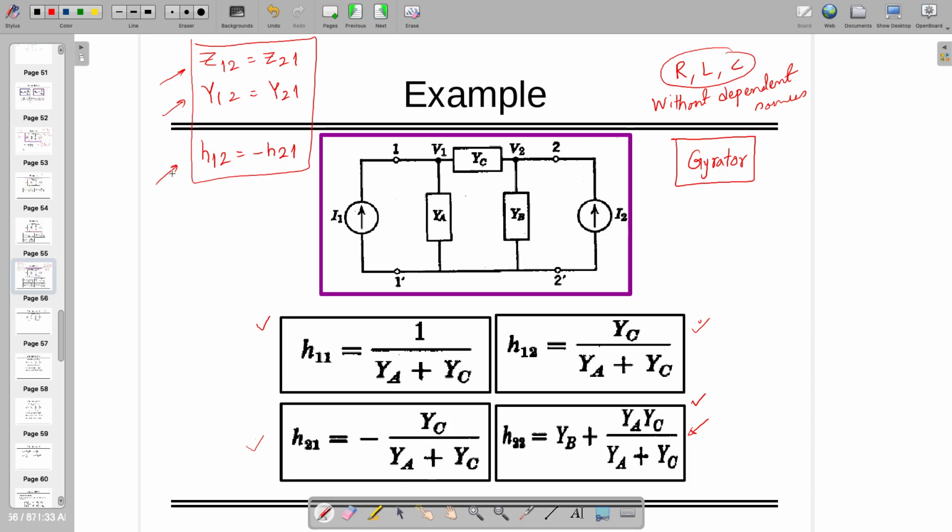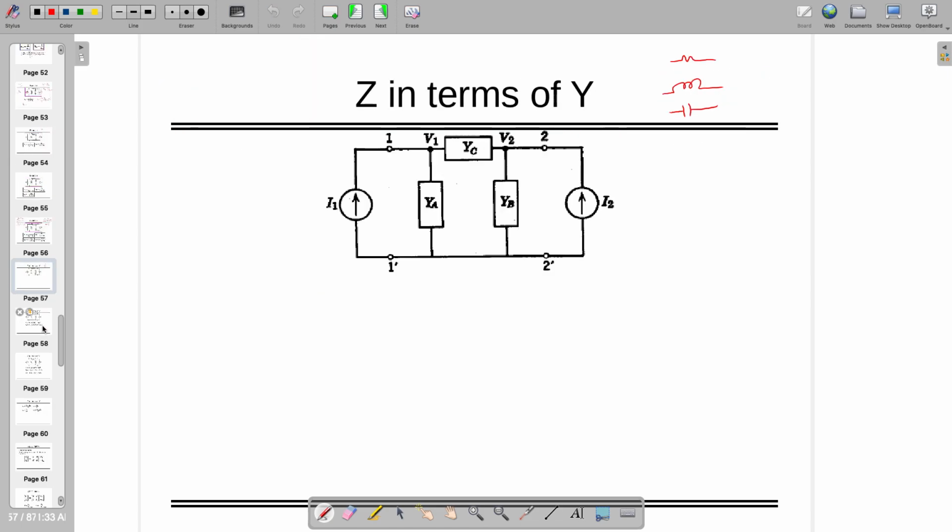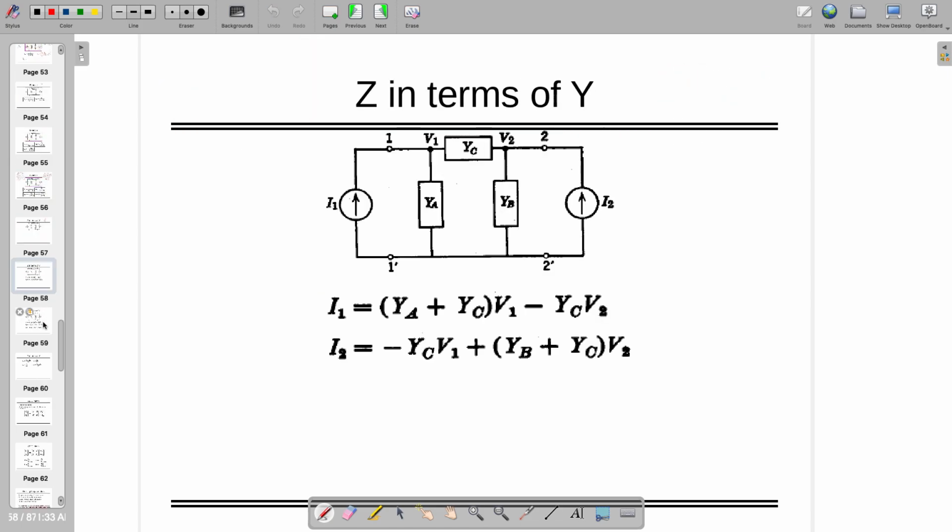There will be some answers, but these will not match. Okay, so either you can write it down through admittance or follow, let's say, the delta technique.